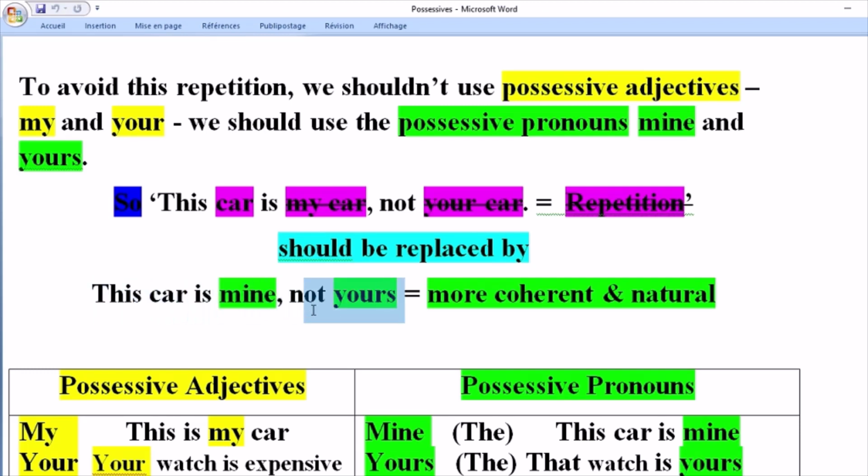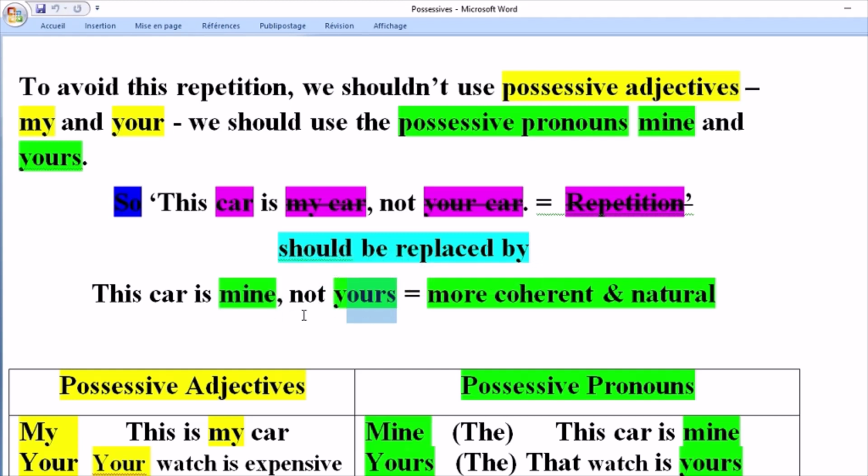No repetition at all. So how did we avoid repetition? It's just because of these 2 words, which are called possessive pronouns. This car is mine, not yours.